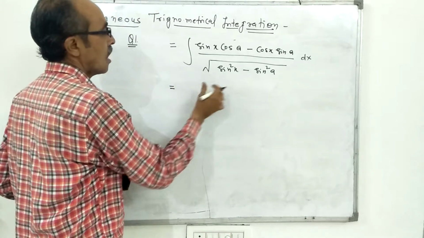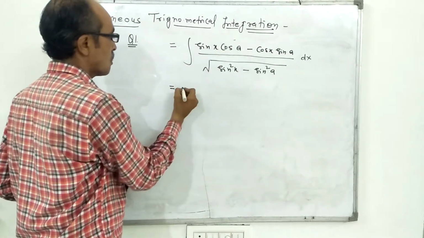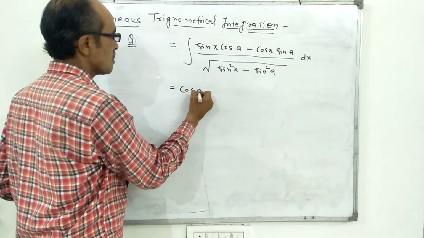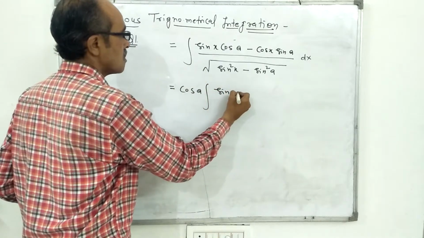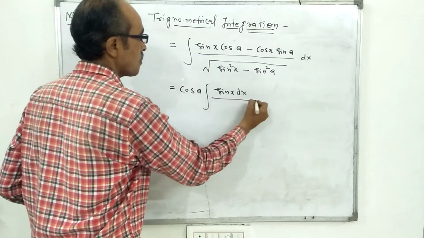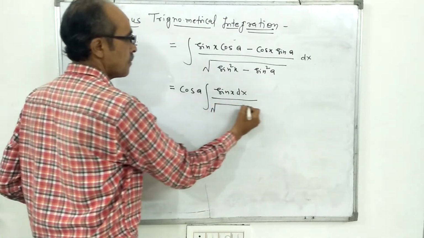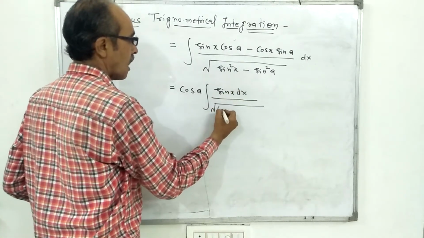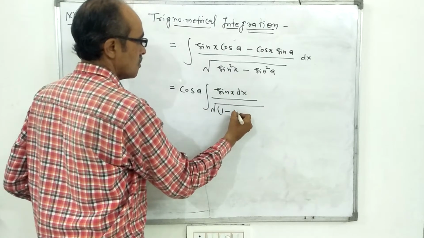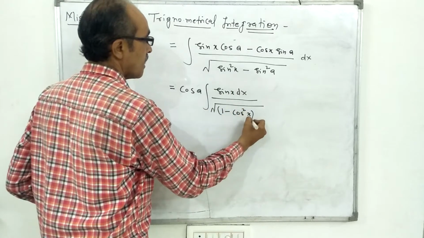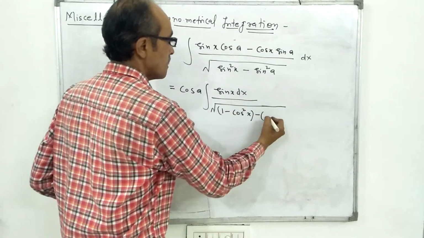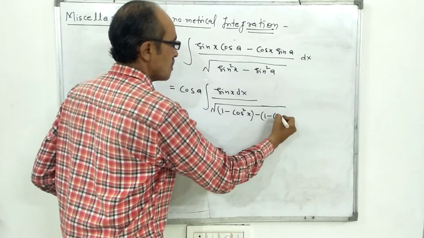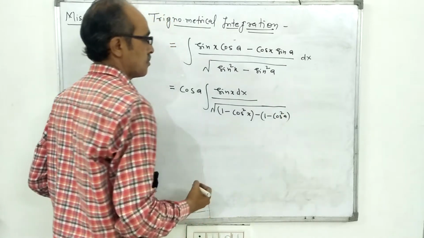Here we separate. Cos a is a constant, and its integral is sin x dx divided by the root of the sine square. I write that as 1 minus cos square x, and negative sin square a is 1 minus cos square a.